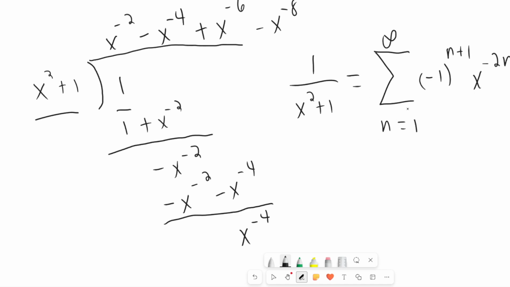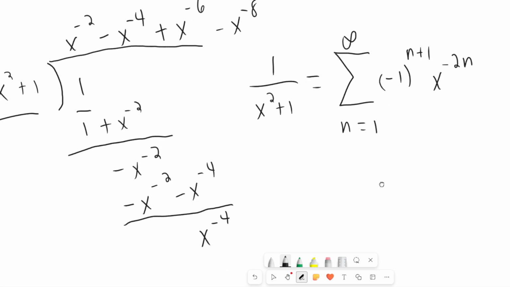And this will converge. Oops, you guys can't see that. And this will converge for x greater than 1. Yeah, that's going to converge for x greater than 1.